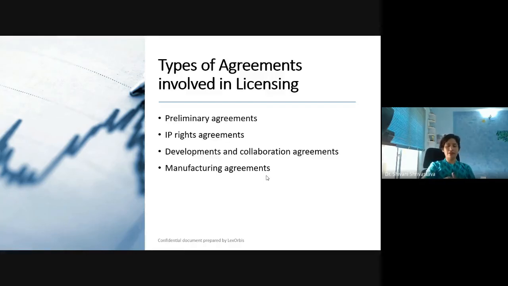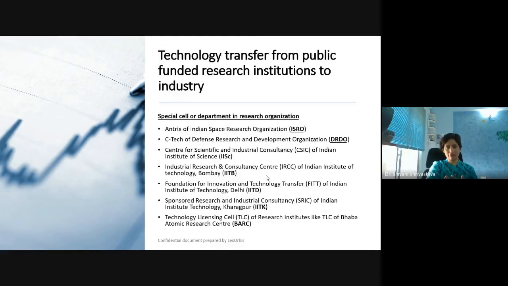Then obviously the manufacturing agreements would be different. So once the license agreement is signed, the licensee alone or in collaboration with the licensor can start commercializing the product in the market.